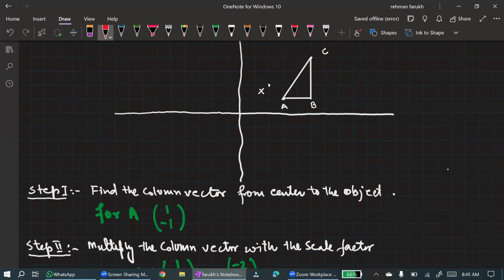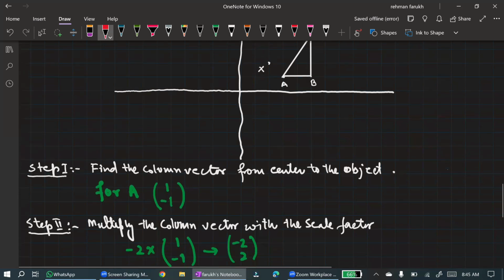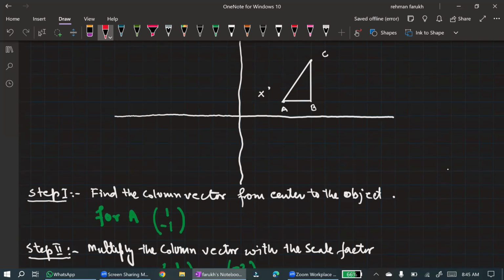Stand at X, move 2 units towards left and 2 units up. Minus 2 and 2. Sir, minus 2 indicates 2 units left and 2 units up, positive 2. Yes. This one is the point D.